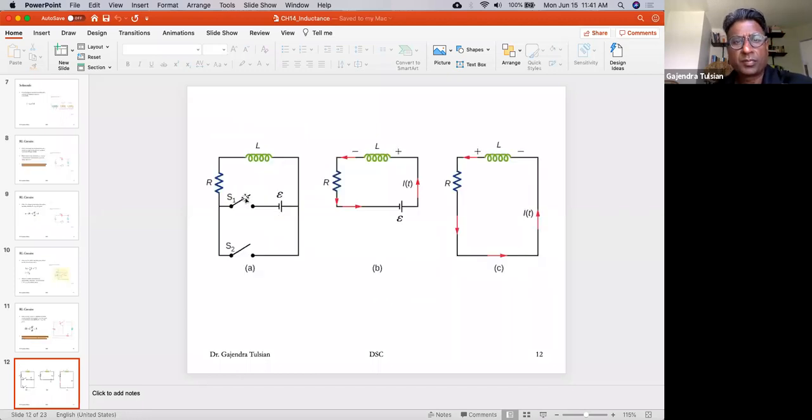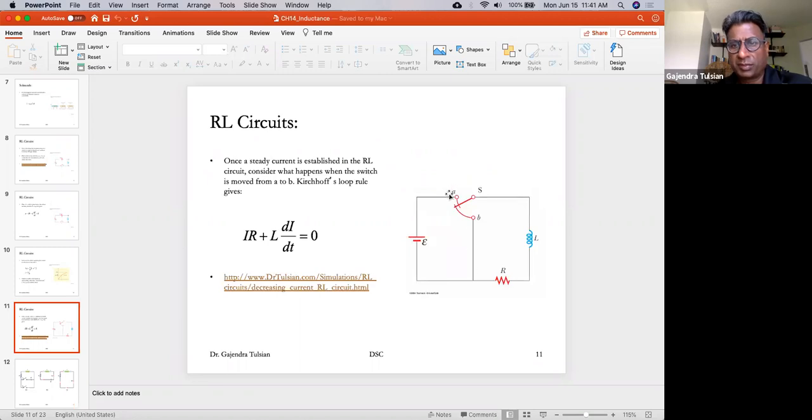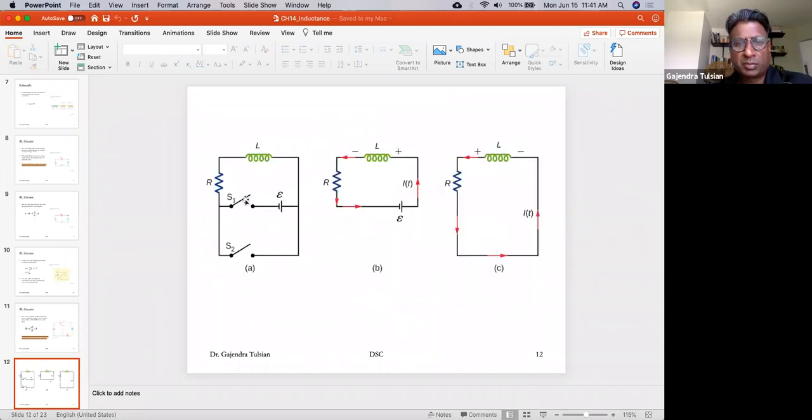Here's another look at that, sort of a different one. When you open switch 1, you're removing the battery. This one is better, you just flip the switch from there to there. When you flip the switch, you remove the battery and complete the circuit. The same thing is accomplished with 2 switches: you open this and close that switch.